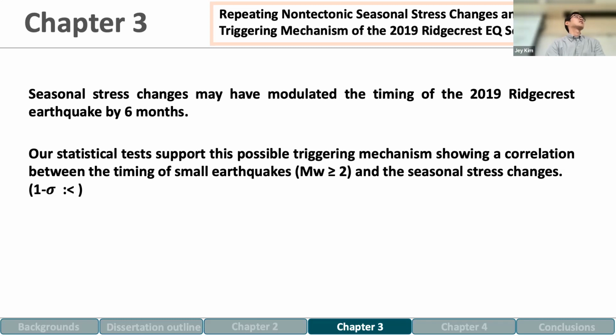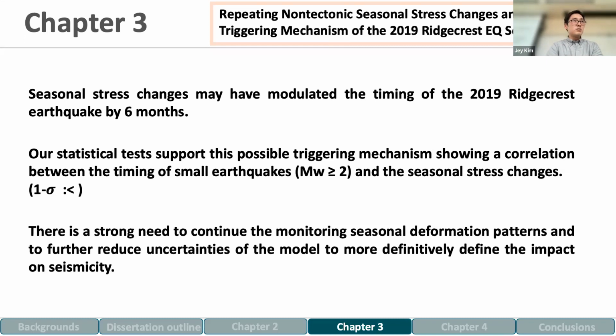But if you take into account the model uncertainty, then the significance level becomes slightly less than 1 sigma. But if you think about the uncertainties in Earth data, we still believe 1 sigma is something meaningful, especially for geophysics.